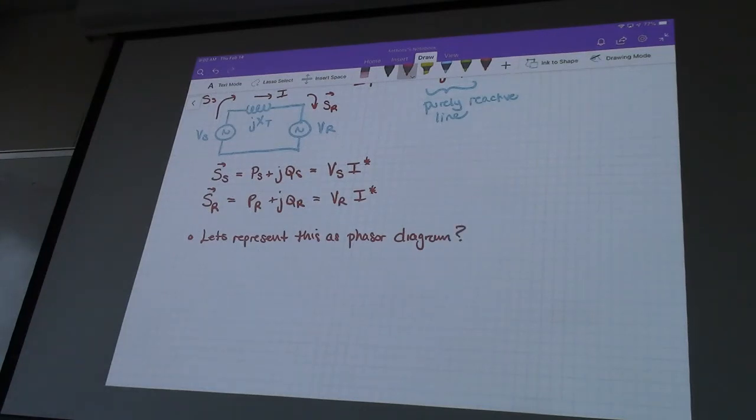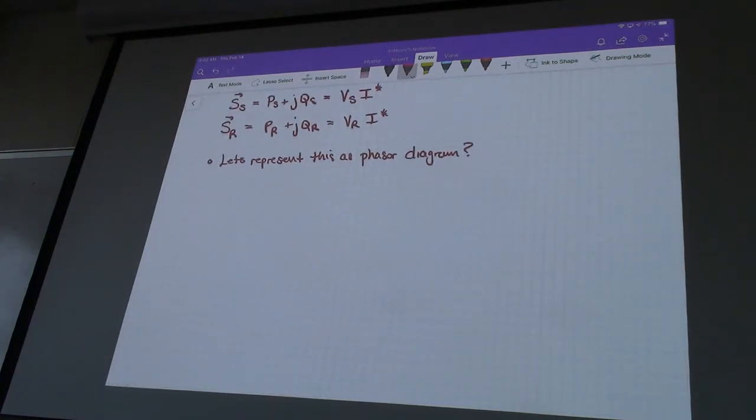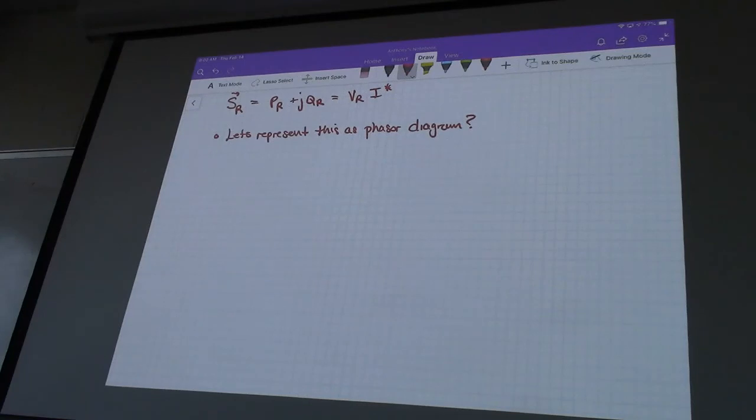For the material that we're going to cover in a second, drawing this relationship as a set of phasors will be helpful because it'll let us see visually how the powers change with the value of the reactance X. So let's draw that really quickly.